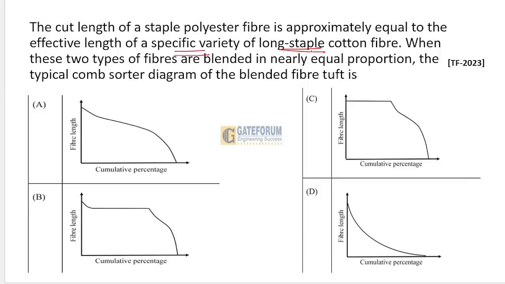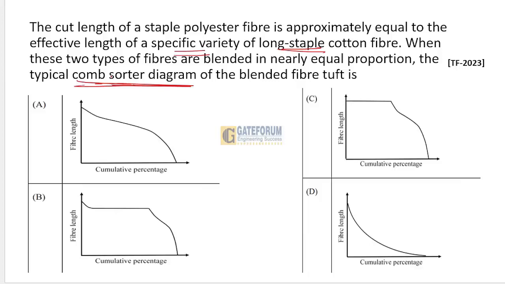You need to know that in this particular case, if you have read about the comb sorter diagram, they try to confuse people, but the cut length of the staple polyester is equal to the effective length of the long staple cotton fiber. So you can see that the cut length of these two fibers is the same.